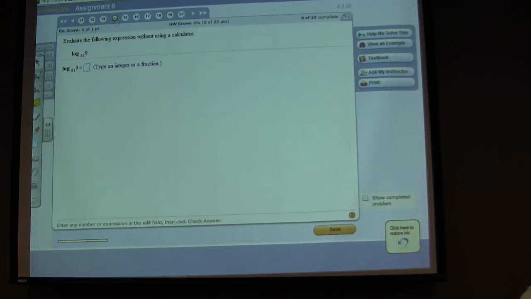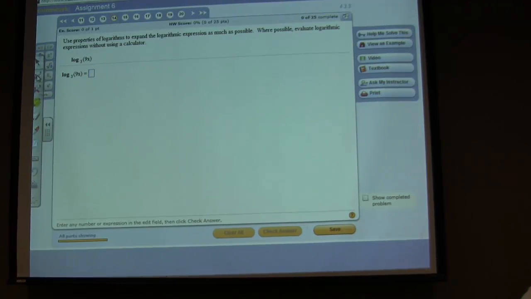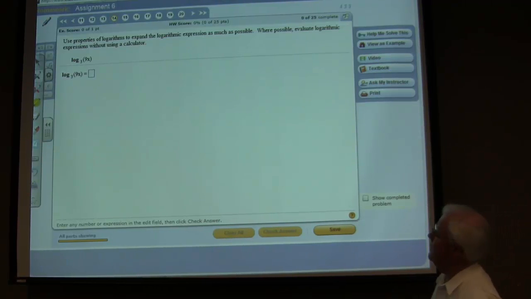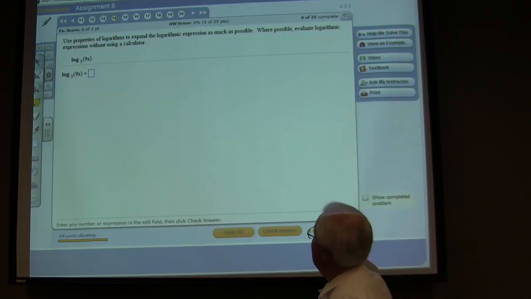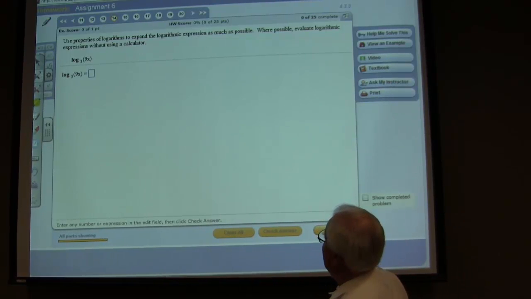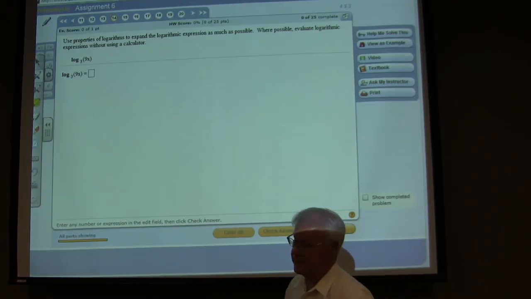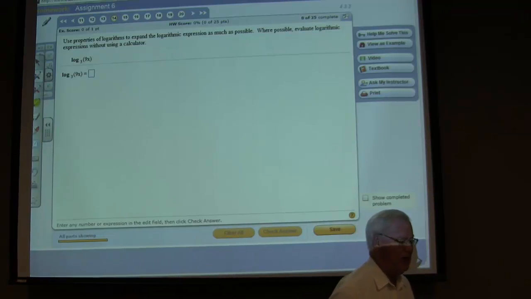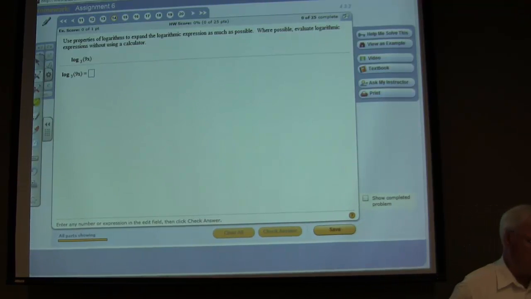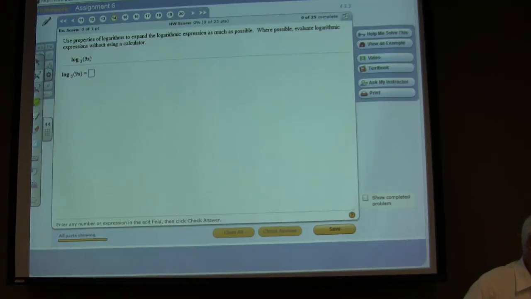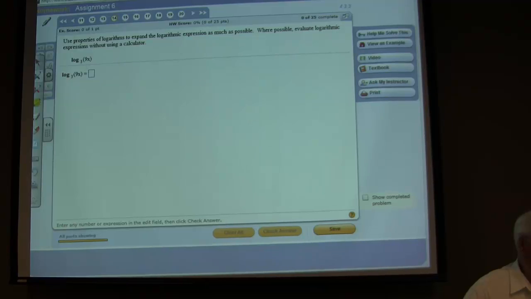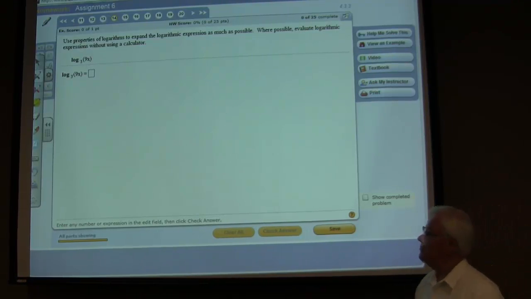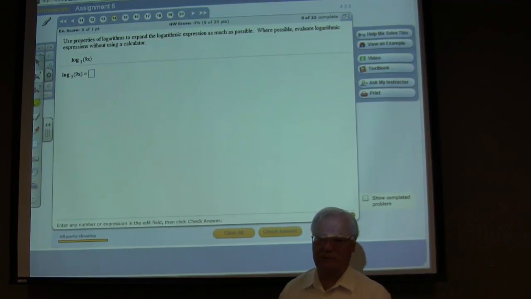Let's go out a little ways here. Look at number 14. It says, use properties of logarithms to expand the logarithmic expression as much as possible. Where possible, evaluate the logarithmic expressions without using a calculator. Well, remember that logs are exponents. We're looking for the exponent you put on 3 to get 9 times x. Now, what do you do with exponents when you're multiplying numbers?